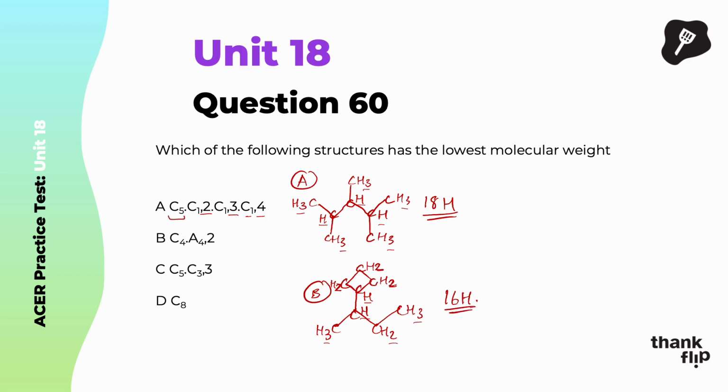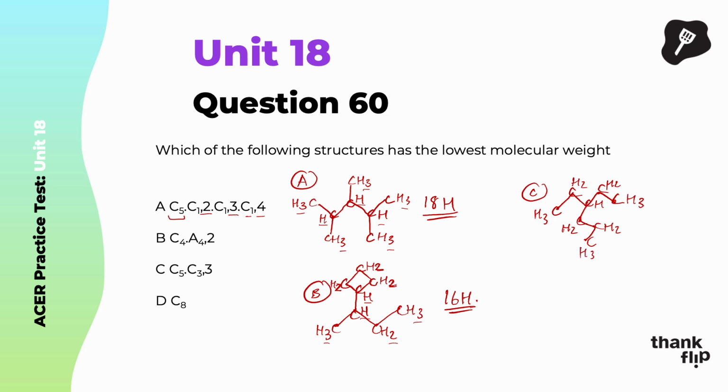Okay. Now let's look at answer option C. So we have 1, 2, 3, 4, 5. 1, 2, 3, 4, 5. And then at position 3, you have 1, 2, 3. Drawing in our carbons once again, you have H3, H3, H2, H2, H, H2, H2, and H3.